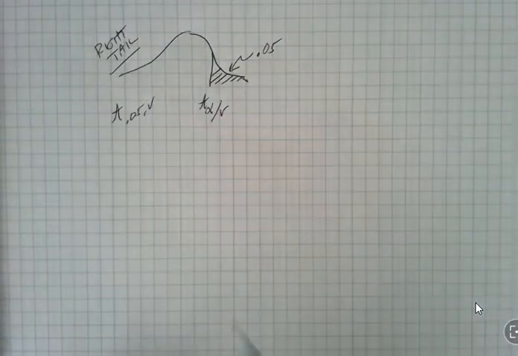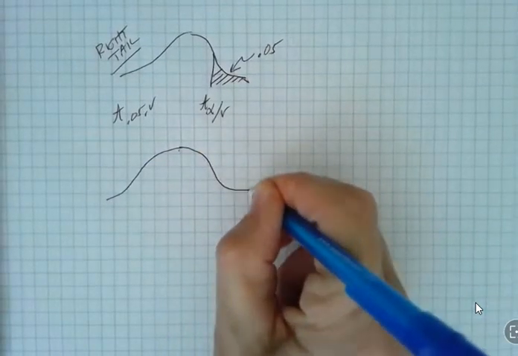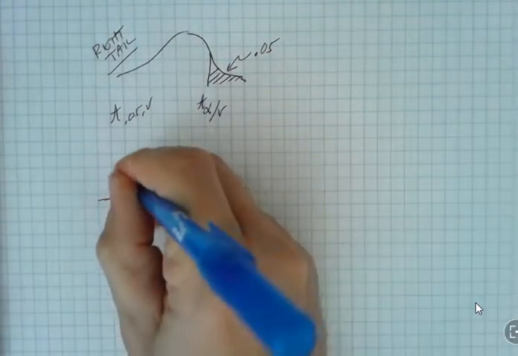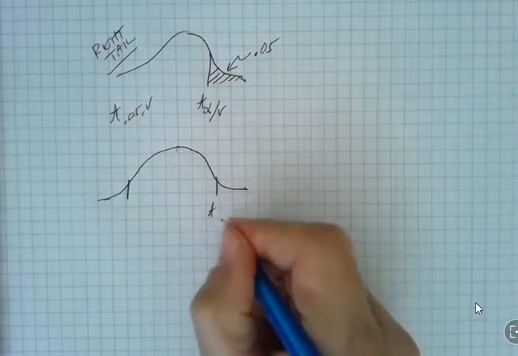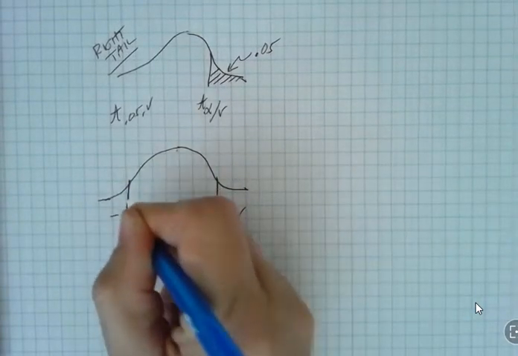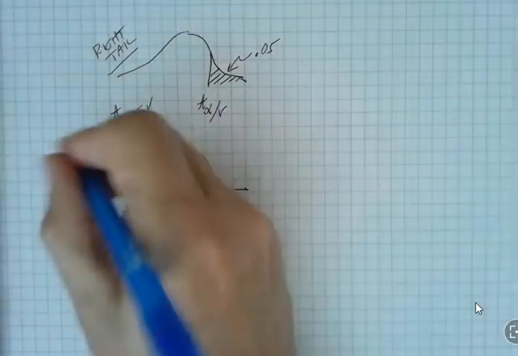There's also the notion of the two-tail distribution, which if I draw that, we're going to end up with a t over here and a t over here, where this is t alpha over 2 for v, and this is negative t alpha over 2 for v. So we're doing a two-tailed distribution.